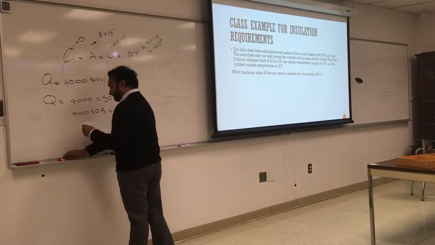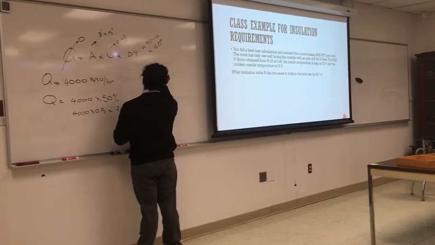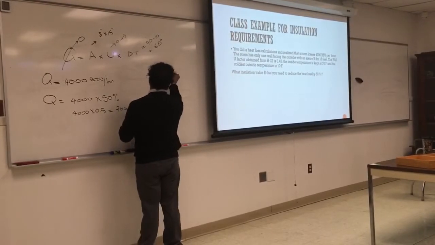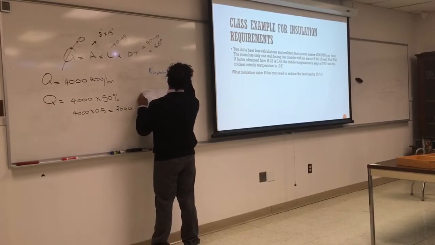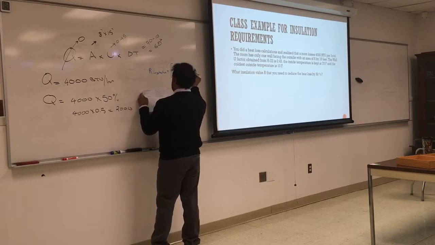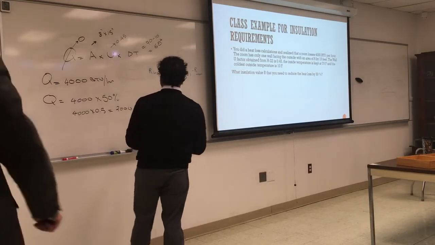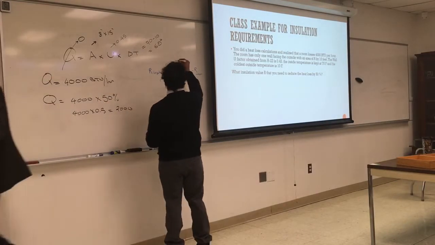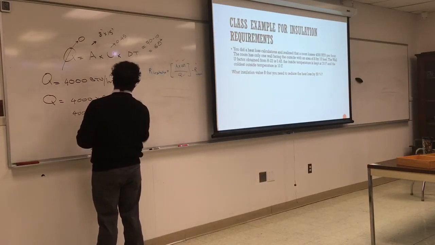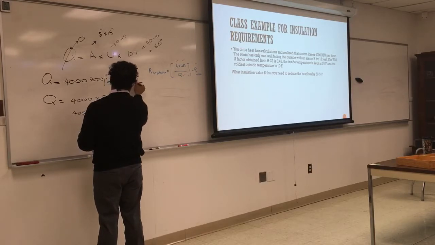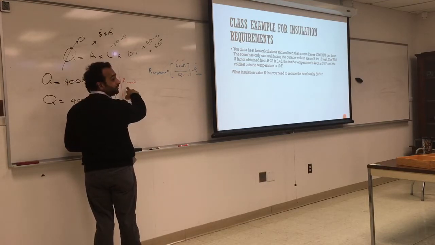So I'll put the equation down: R insulation equals area times delta T over Q, minus R wall. I have this, and I have this, that's what I need. What is R wall? No, R resistance. The wall.